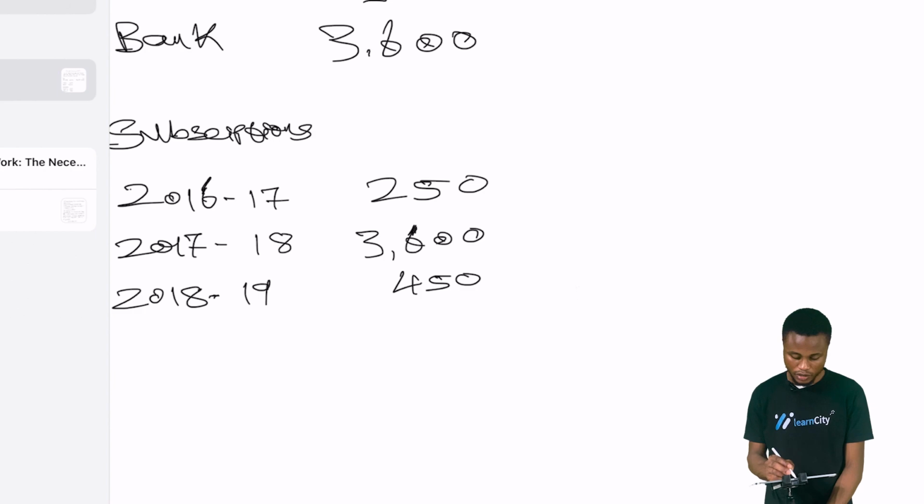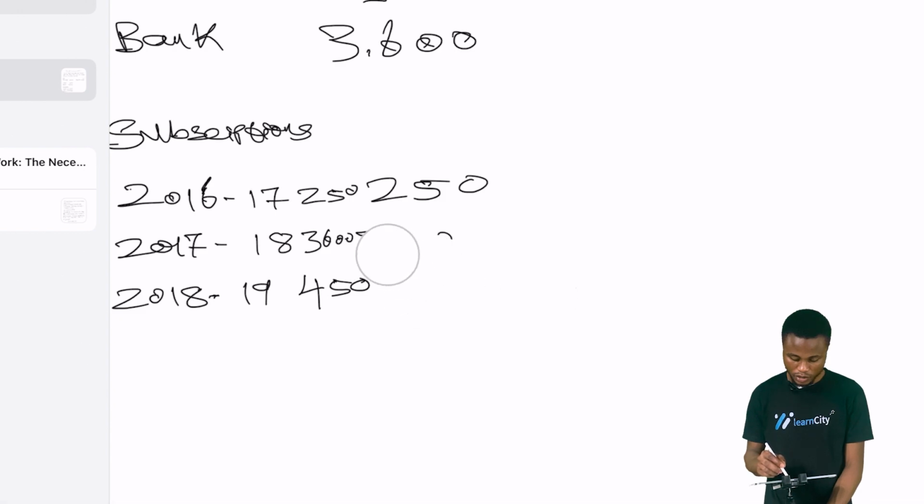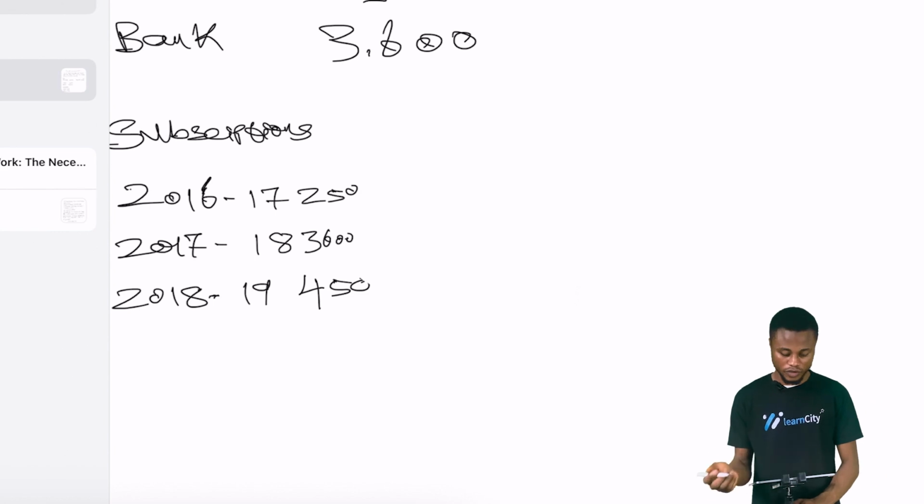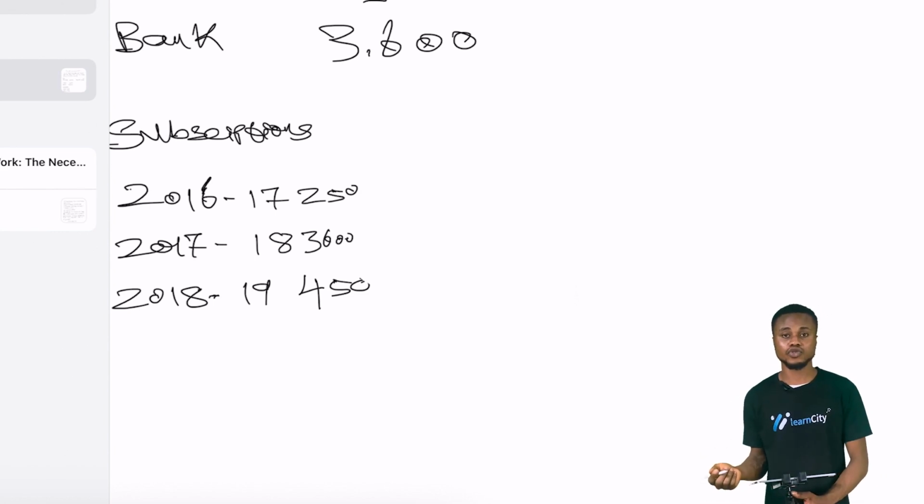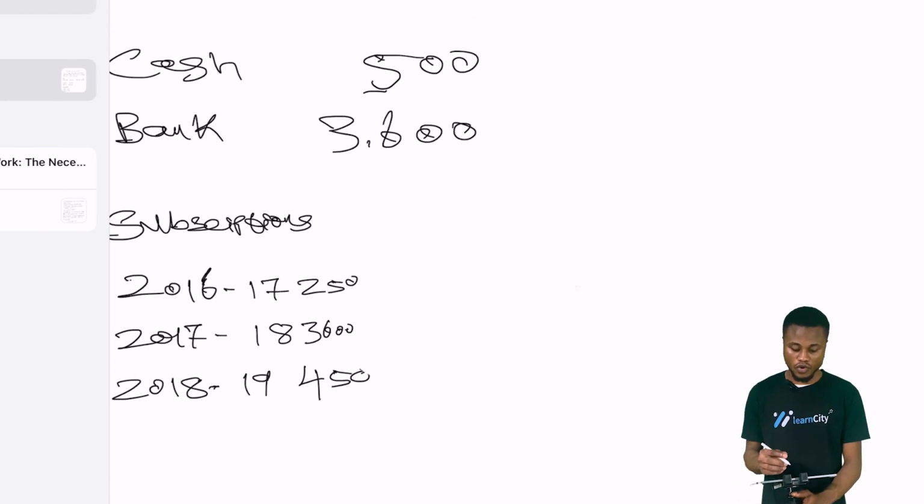It will be like this: 250, 36, 450. If you total 250, 36, and 450 altogether, you're going to arrive at 4,500. So that one will now be under the amount column, the 4,500.